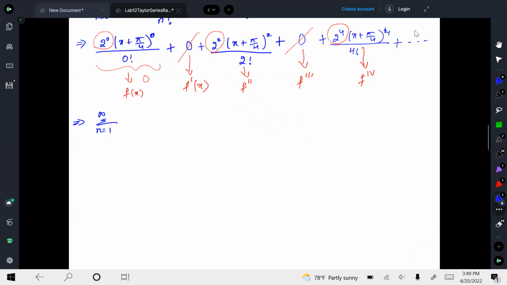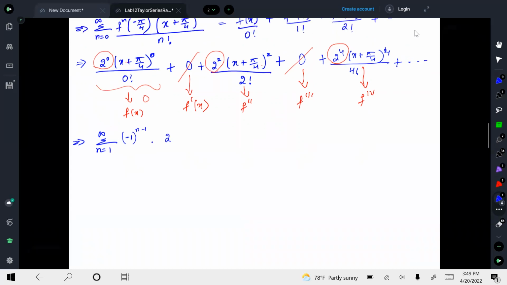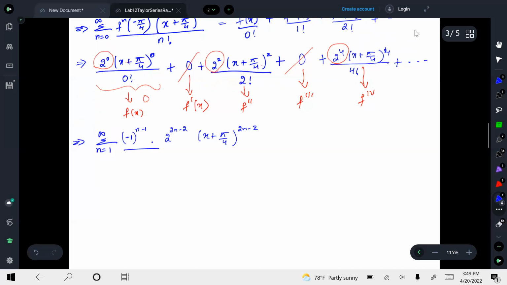Since we have only positive terms, we can actually take it as negative 1 to the power of n minus 1, into, since we have powers of 2, we can write in this way, 2 to the power of 2n minus 2, into x plus pi by 4 to the power of 2n minus 2, whole divided by 2n minus 2, the whole factorial.